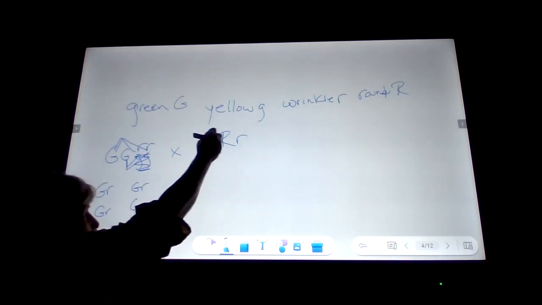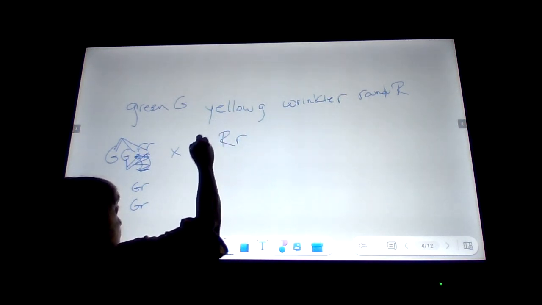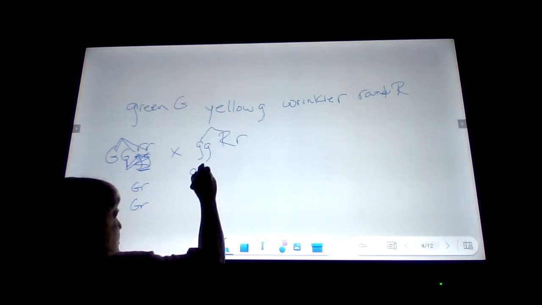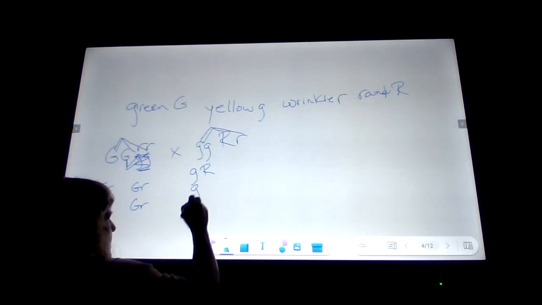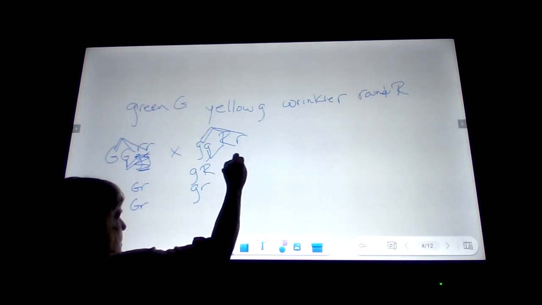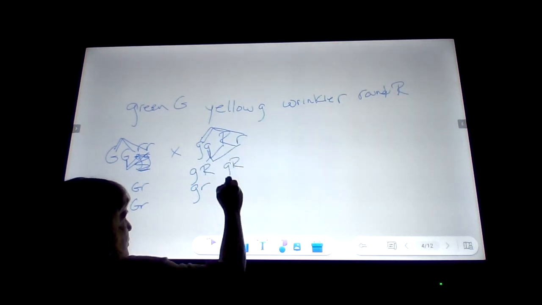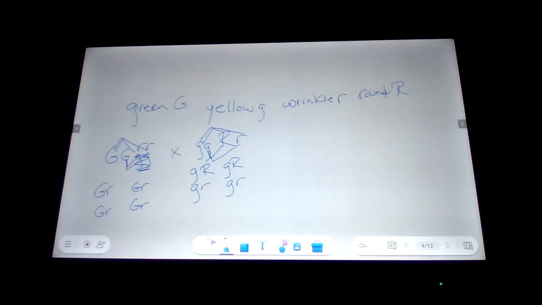Same thing here with my second parent. This little g can go with the big R. This little g can go with the little r. This little g can go with the big R, or that little g can also go with the little r. So those are the possible allele combinations for our parents.